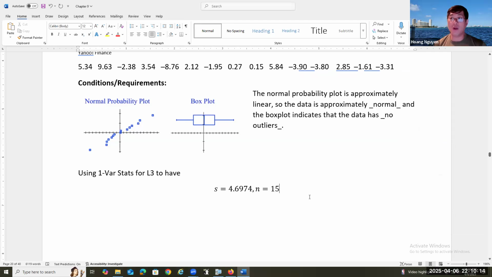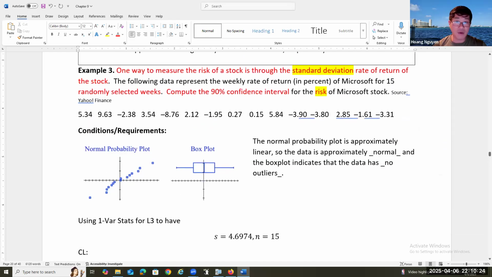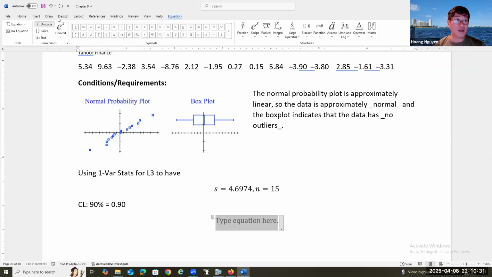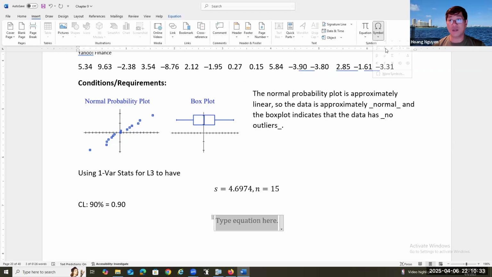So now the only thing that we don't know yet is the critical chi-square, right? If you're gonna work out this question by hand, then you have to find the two critical values. Based on the confidence level of 90%, which is 0.90, I'm gonna find alpha. Alpha is equal to 1 minus the confidence level, which is 1 minus 0.90, so that's gonna be 0.10.